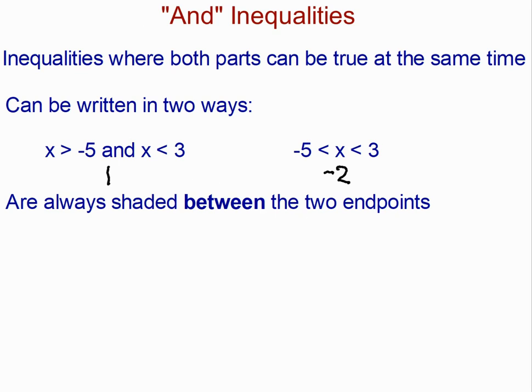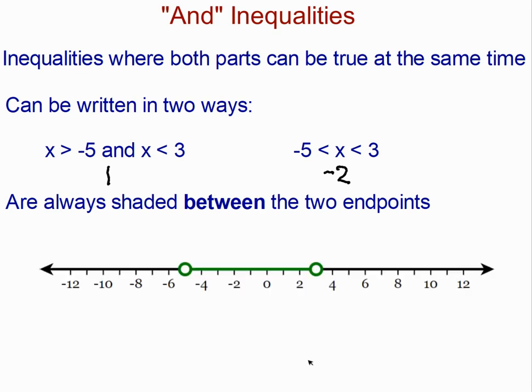And when I go to graph this, we're always going to shade between my two endpoints. So here is the graph of x is greater than -5 and x is smaller than 3. I don't have any equal to bars, so my two dots are going to be open. My two circles are open. And when I shade, I'm thinking, okay, x is greater than -5, so here's -5.